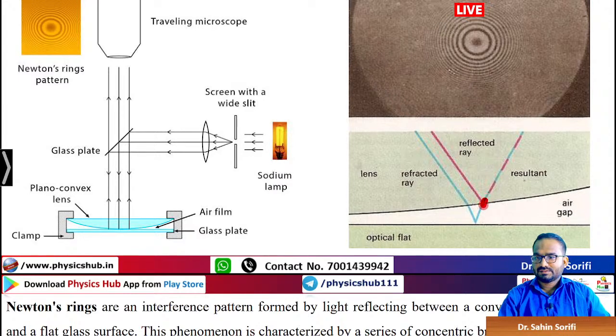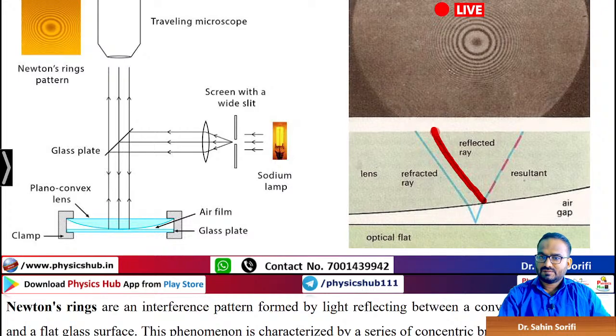Another light is reflected from this optical flat surface. Here you can see this is the rarer medium and this is the denser medium, so it will obviously involve a pi phase change, as I told you. If light comes from a rarer medium and is incident on the interface of a denser medium, it will involve a pi phase change.